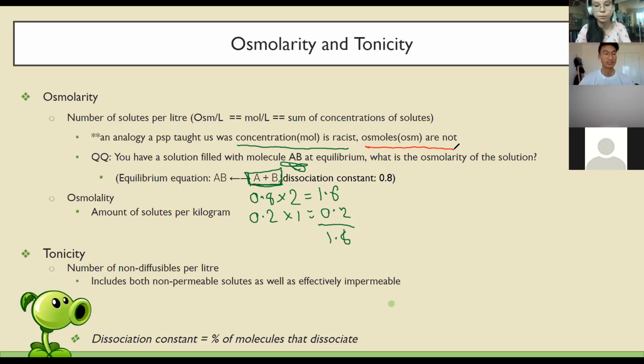So it's really easy to mix it up. Osmolarity is the same as molarity. Osmoles is the same as moles. So what it's actually asking is how many osmoles are in the solution. But if you want to say osmolarity, then you would need a volume. Sorry for the confusing mix up there.